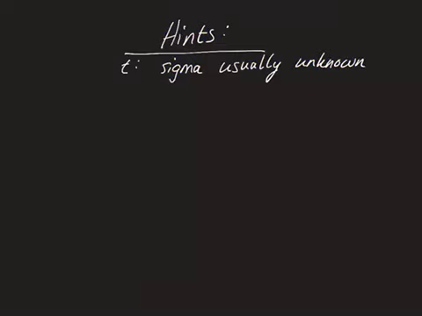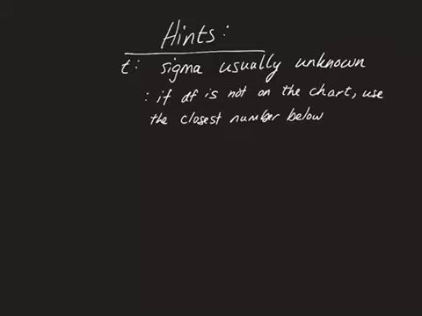We are almost always going to use the T-table because sigma is usually unknown. Also let me remind you that if your degree of freedom is not on the chart, use the closest number below. For instance, not on the chart, go to the closest number below and you would read the DF equals 45.